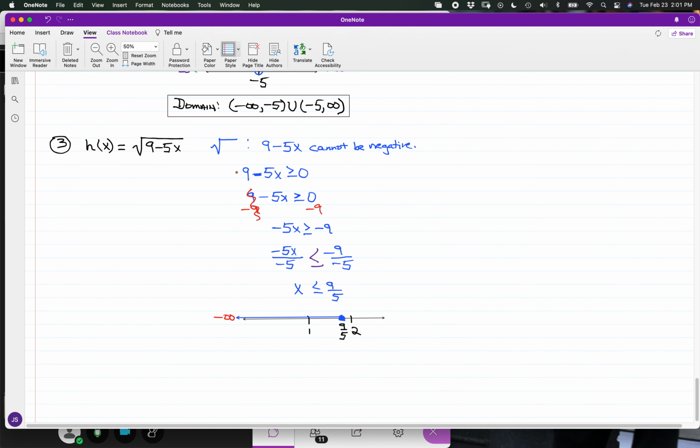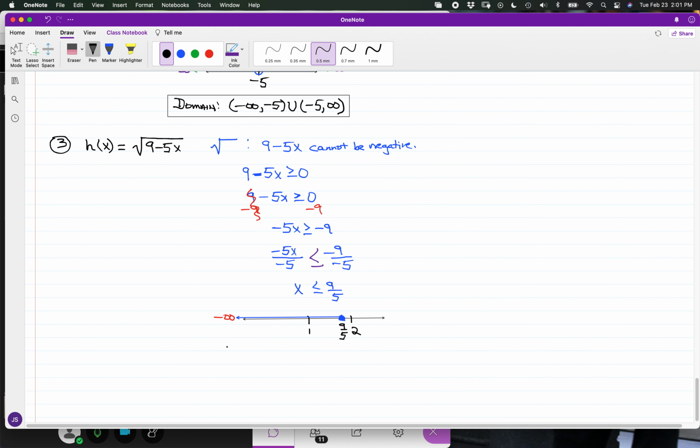And so for the domain that we have here, you go from negative infinity, approaching and including 9/5, and the 9/5 is going to be in the bracket.